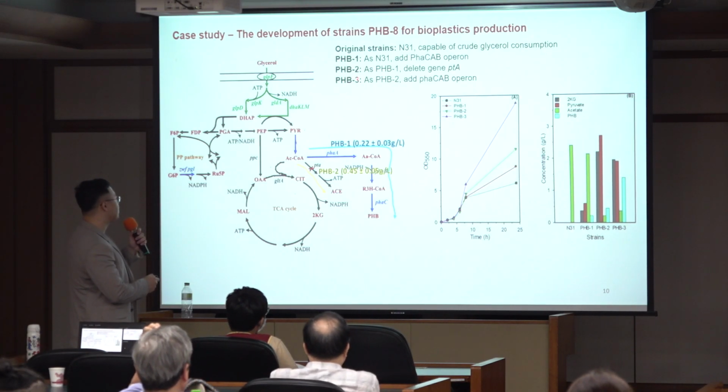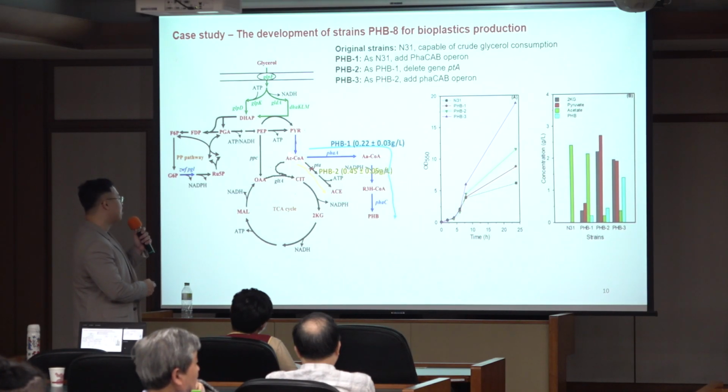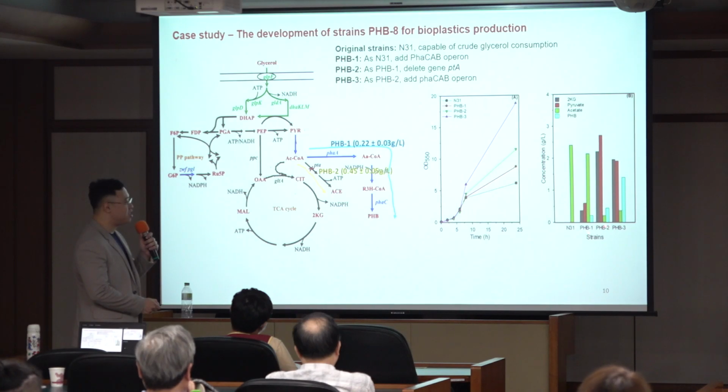So that's why the second step to create the PHB8, which is PHB2, is to delete this gene, PTA. So acetyl-CoA will no longer go to this pathway to produce acetic acid. So you can see that in PHB2, the green part, acetic acid is very low already.